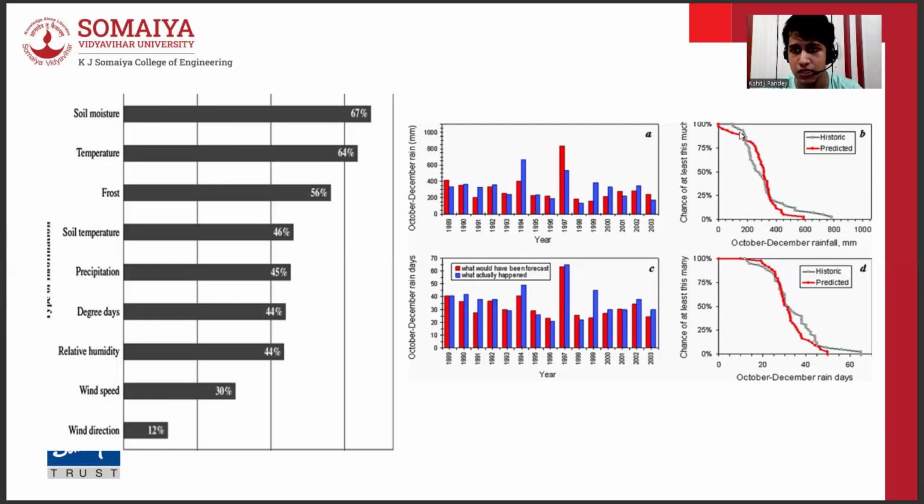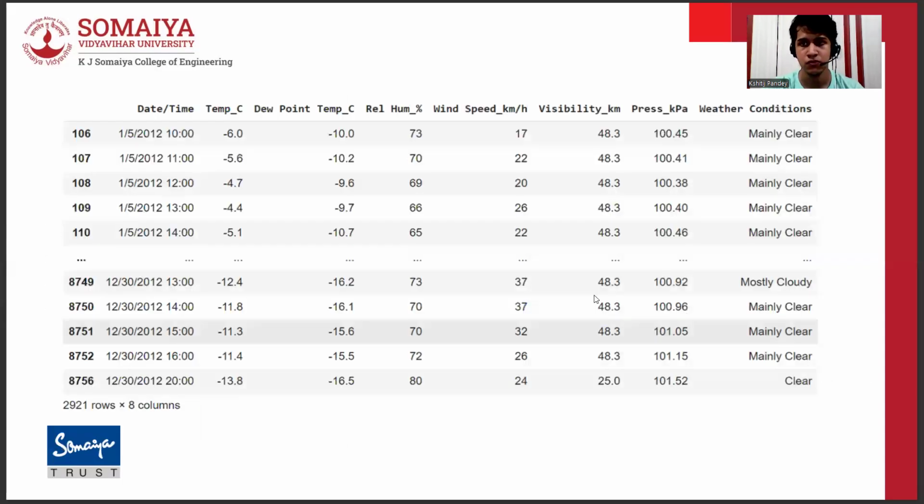The blue is historic, which already happened, whereas the red is the predictive one. This is again the temperature analysis: temperature, dew point, humidity, wind speed, and the conditions. The conditions tell the farmer whether the sky is going to be mainly clear, mostly cloudy, or clear.